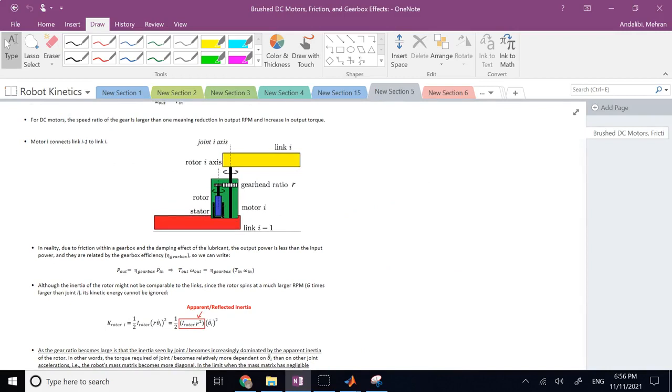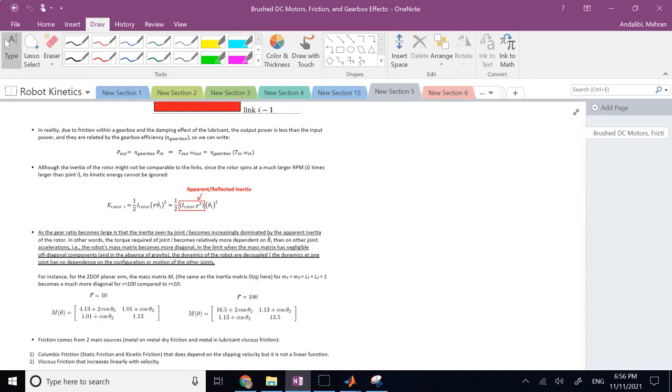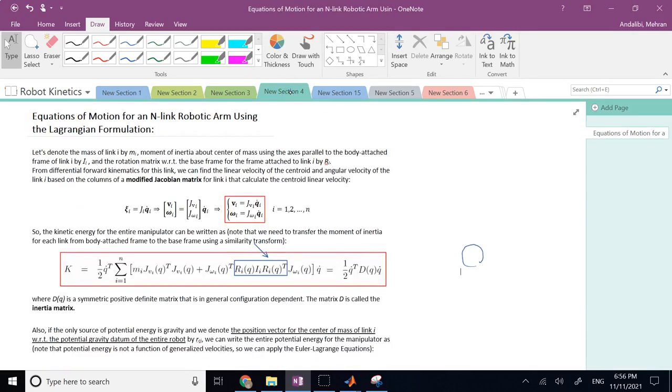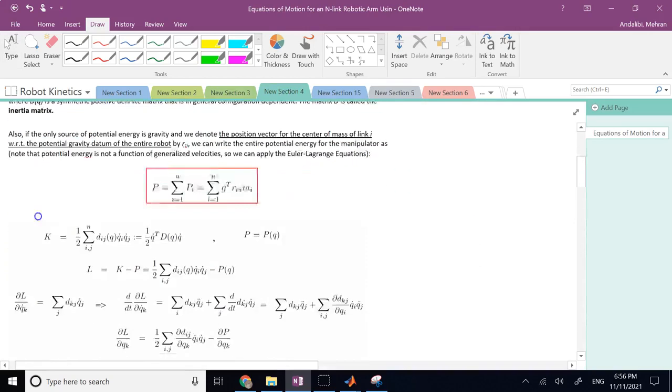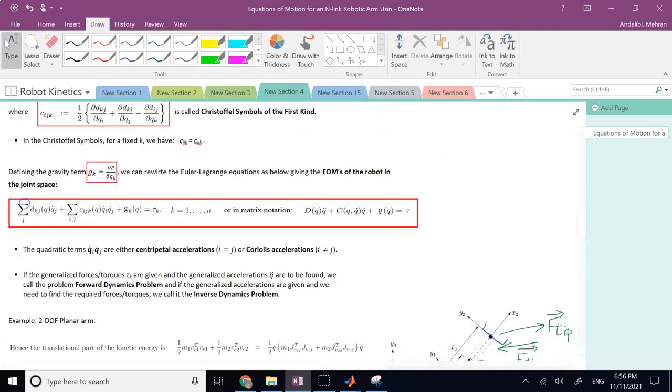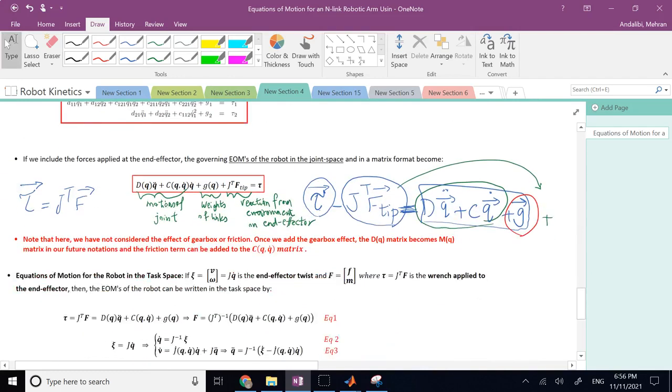Torque is the output from the motor. So the internal dynamics of the motor should also be added, and when you do that, along with the gearbox, it changes this inertia matrix D to a modified version, which we call the M matrix.